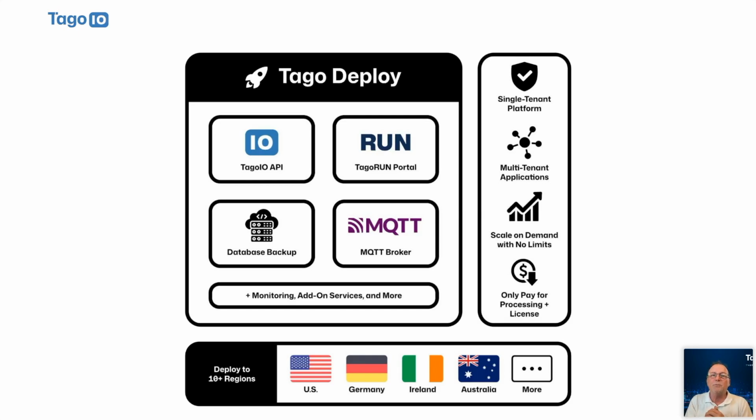So our customer base is spread across the world. The customers that have taken advantage of TagoDeploy love that portion of it, along with many of the other features. But that is a big one for them because they can keep their data local to them. So it's very interesting from that aspect, right? So that's kind of neat.